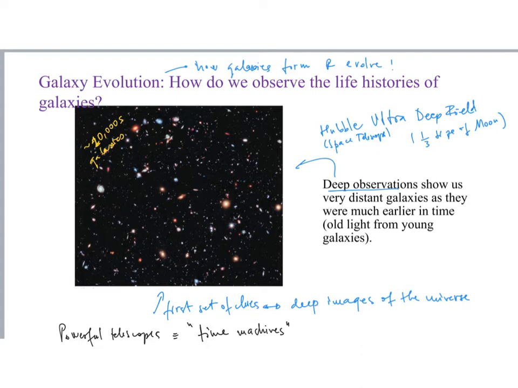And so when we look outward, the most distant galaxies that we observe have a look back time of about 13 billion years or more. So basically we're seeing really old light from young galaxies that have basically just formed, right? So these are deep, they're far away.